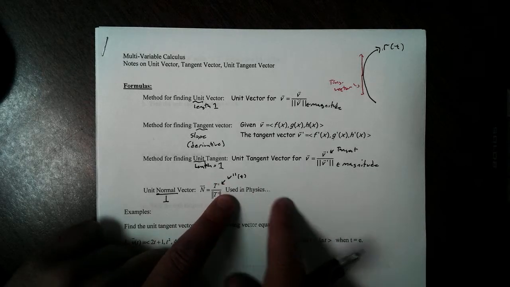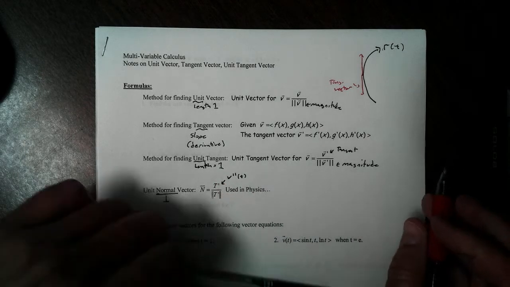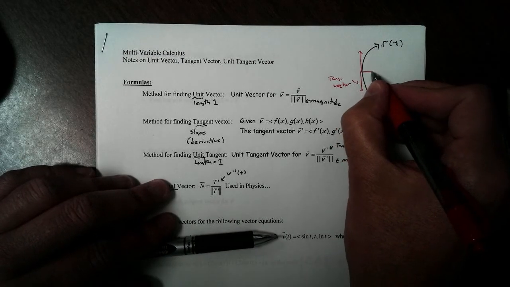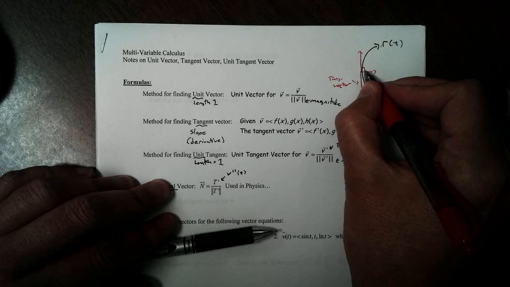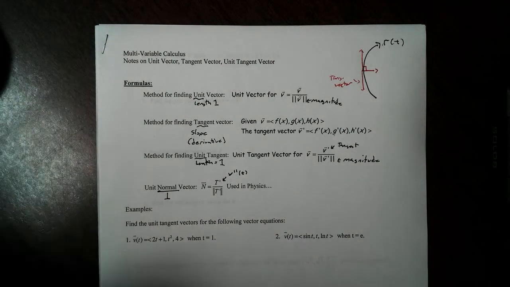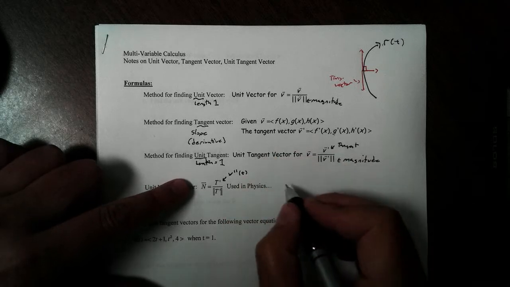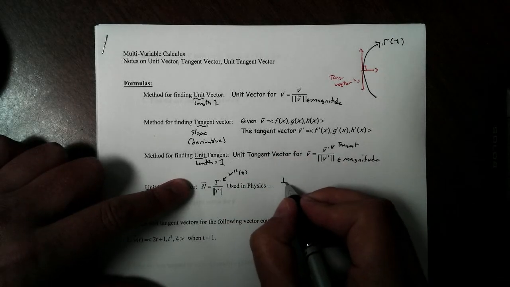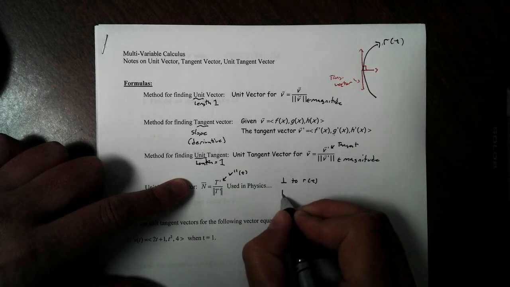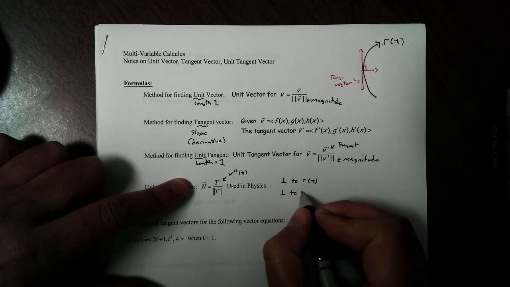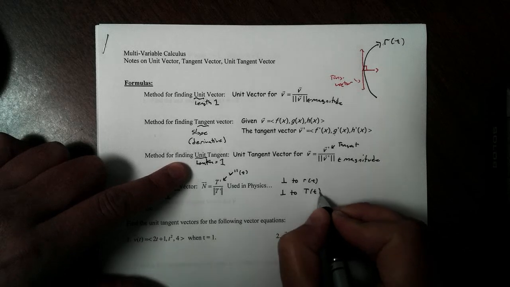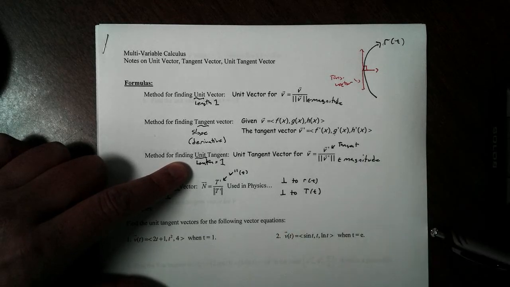And you should recognize this from physics as being like an acceleration. So what does this give us? Well, in physics, this is saying that we are pointing inward, or we are perpendicular to the tangent vector right there. So what this is telling us is that we are going to be perpendicular to r of t, and we're also going to be perpendicular to the tangent vector, which we identify as T of t, the unit tangent vector as well.